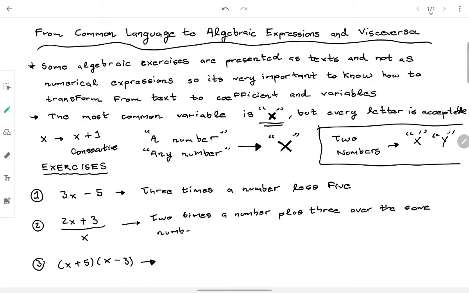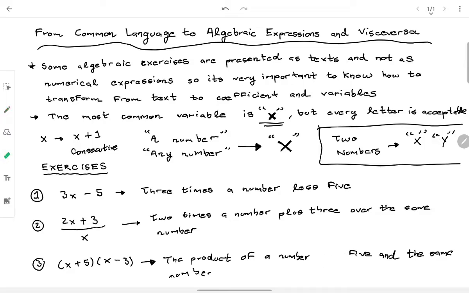On the next one, we will have the product of a number minus 5 and the same number, here is plus 5.